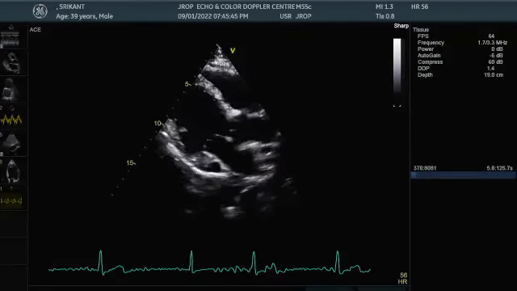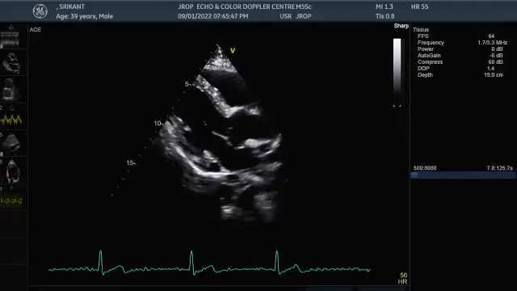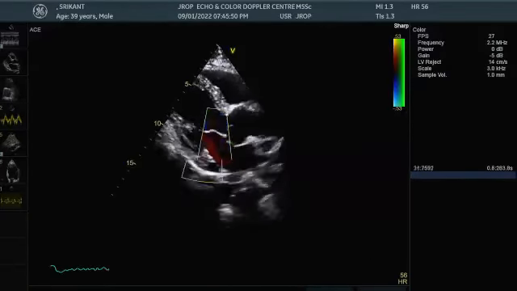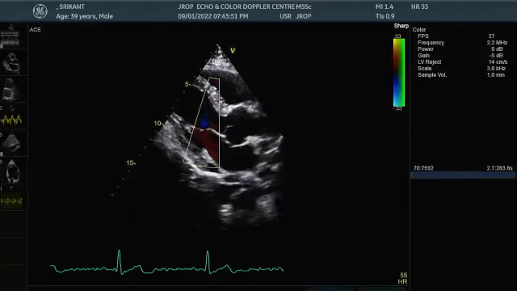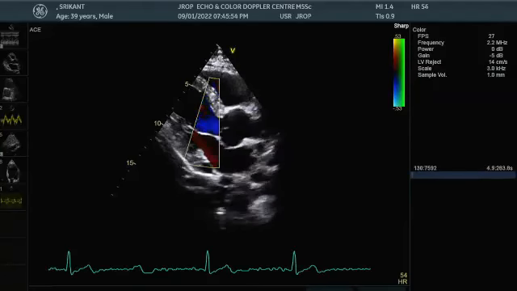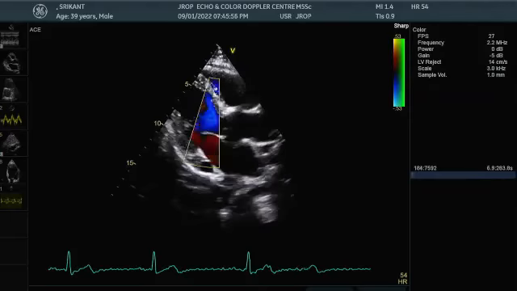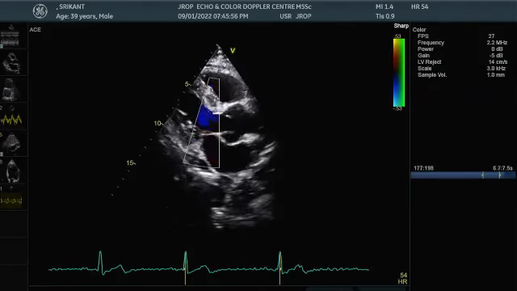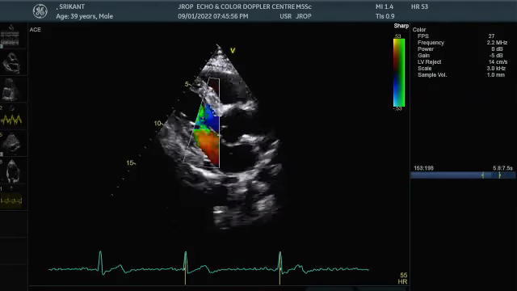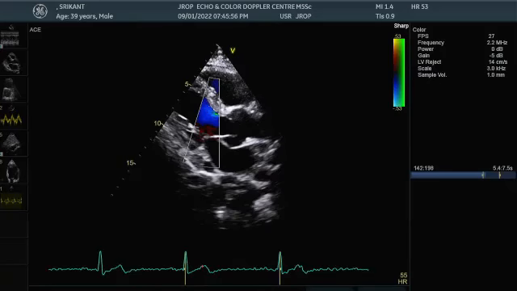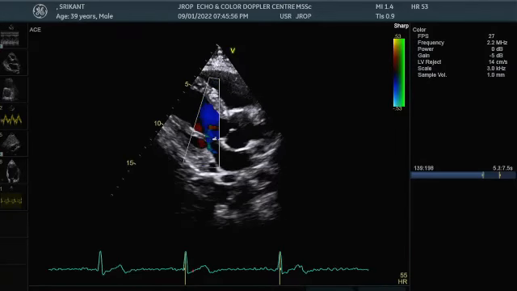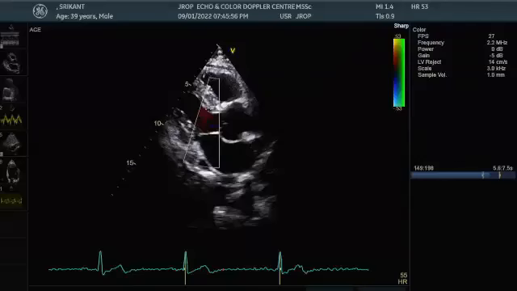So is it good for color flow mapping? No, it's not good for color flow mapping. Certain principles are evaluated from this. Like when we talk of vena contracta across the mitral valve, we are talking of this window.